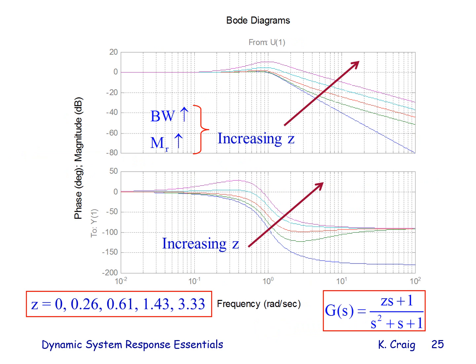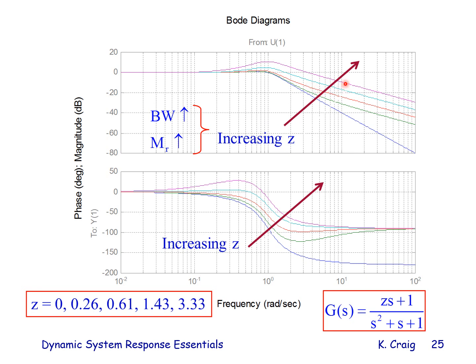For the frequency response, what we find is that the bandwidth increases as expected, because if the system gets faster from a step response point of view, then it would get faster from a frequency response point of view, which means the bandwidth gets larger.